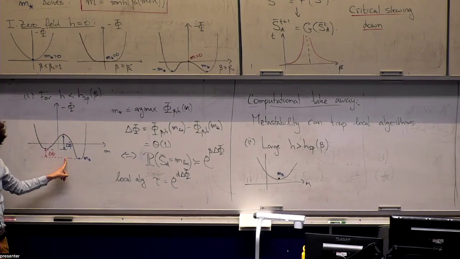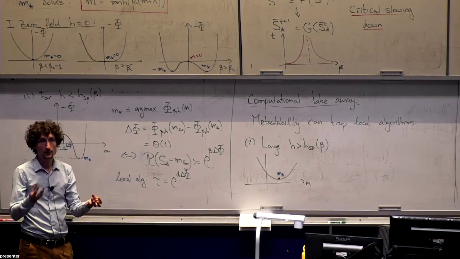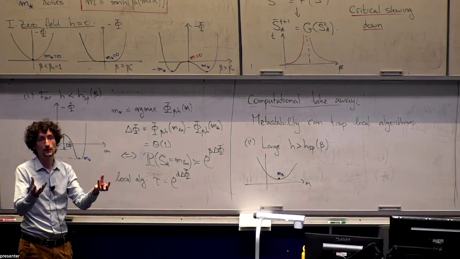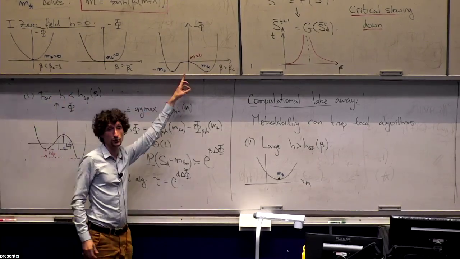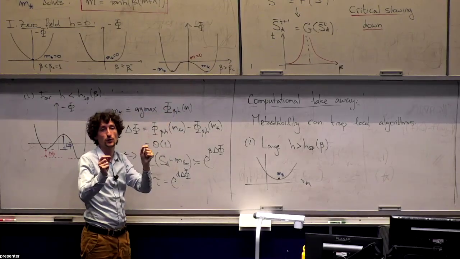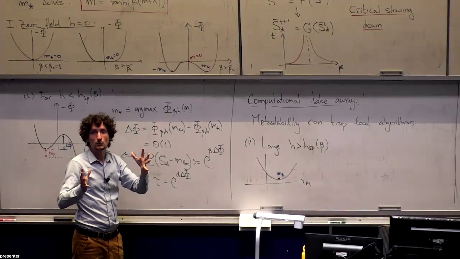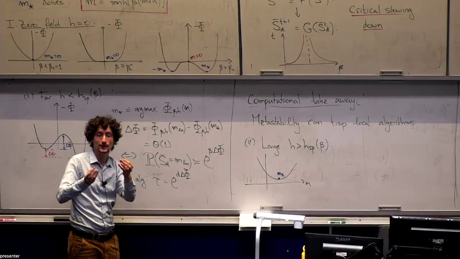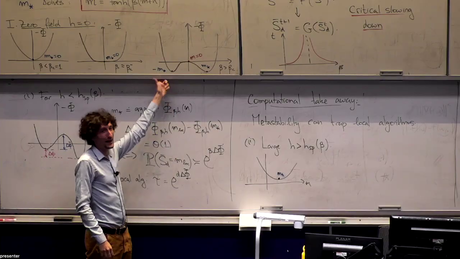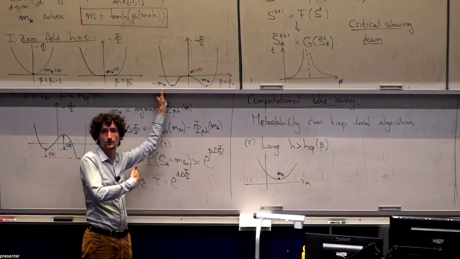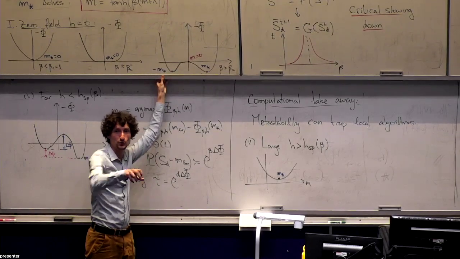As you cool down slowly, different parts of the system might transition to different minima, to different sides of this potential, due to small statistical fluctuations at local pieces of the metal. On average, you might get a total magnetization that is positive or negative, but because of this nucleation, the average magnetization, if you start from the paramagnetic state, is going to be 0. So you won't retrieve your magnet if you just cool down and put it in the fridge.